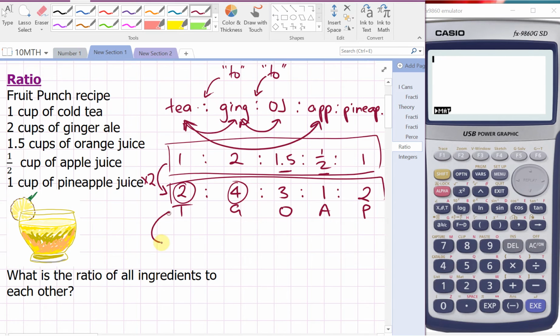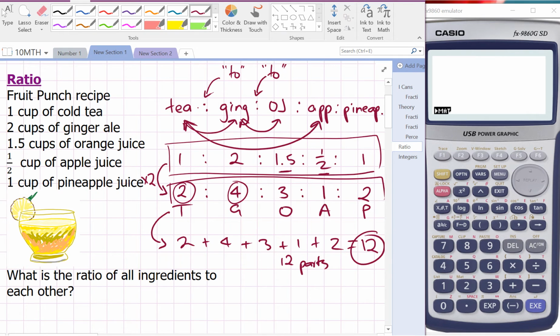So if we were to add up all these parts of the ratios, so 2 plus 4 plus 3 plus 1 plus 2, we get 6, 9, 10, 12. This means that we actually have 12 parts.